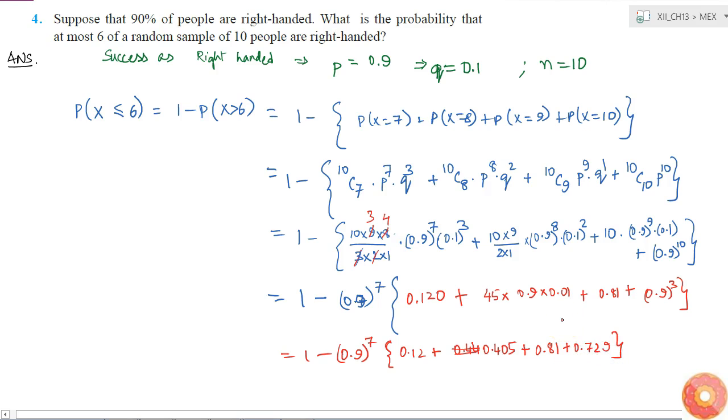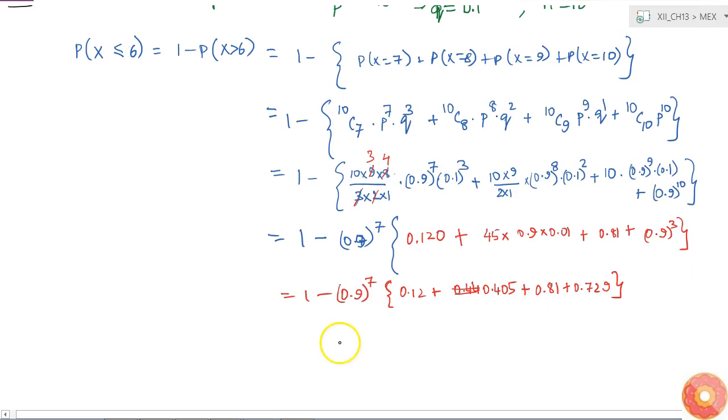Correct? So the sum of all this is equal to 1 minus 0.9 to the power 7 into 2.064. This is our final answer.